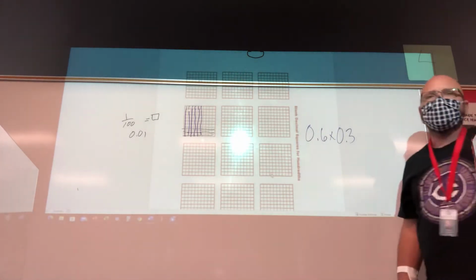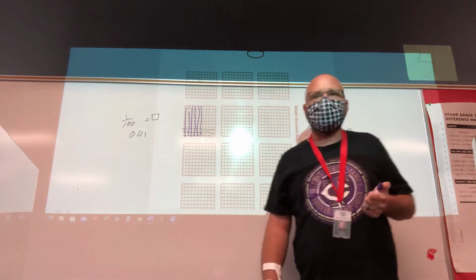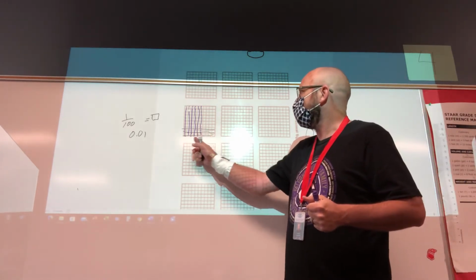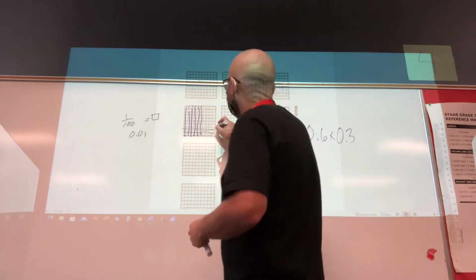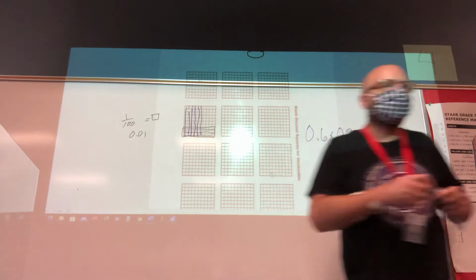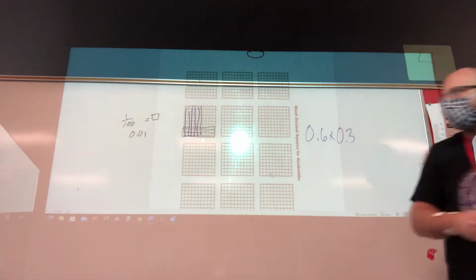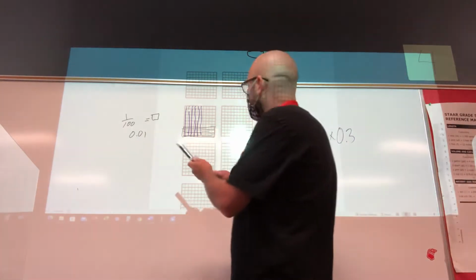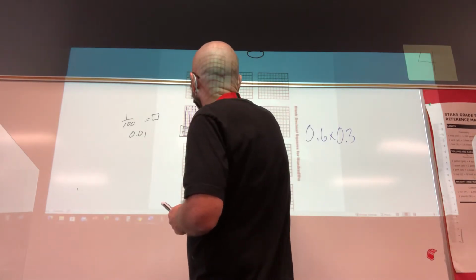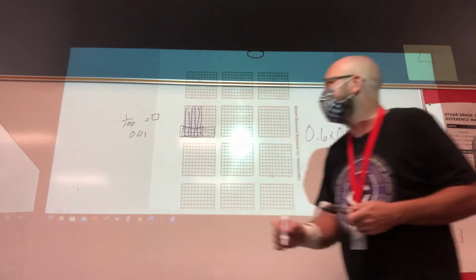Okay, so now I got to figure out how many hundredths are shaded in by both colors. So these 3 rows right here are shaded by tenths, but only this part right here is shaded by both of them.